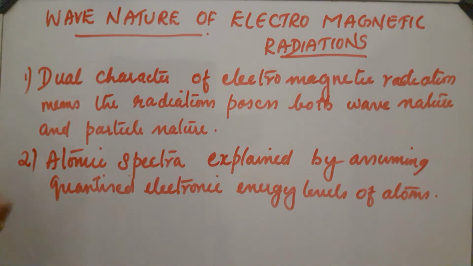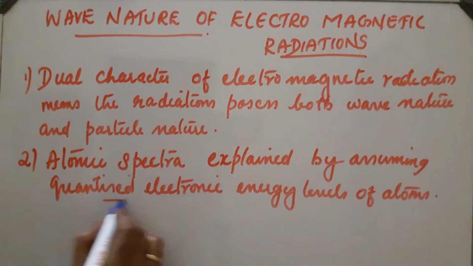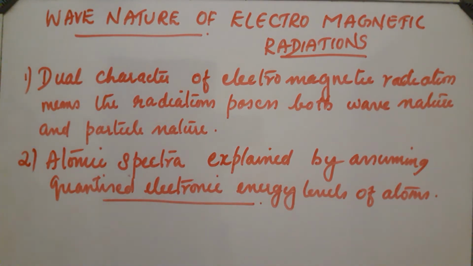This was the first development made by Niels Bohr. Now the second development is about atomic spectra, which is explained by assuming quantized electronic energy levels of atoms. This we will discuss later. Now we are discussing about the wave nature of electromagnetic radiations.